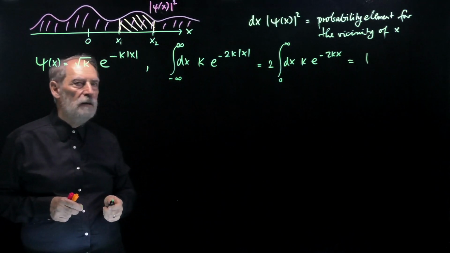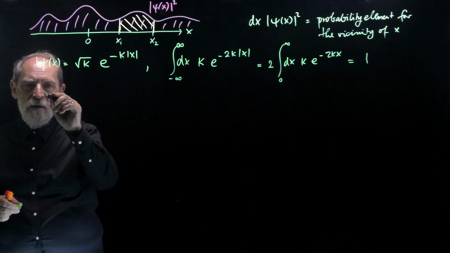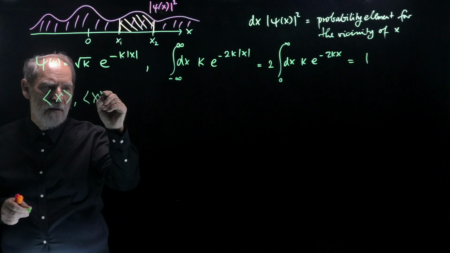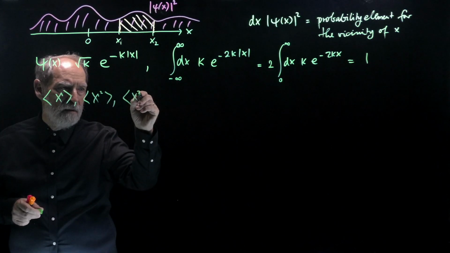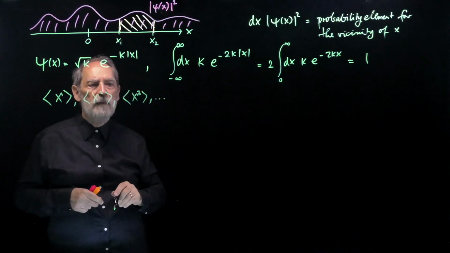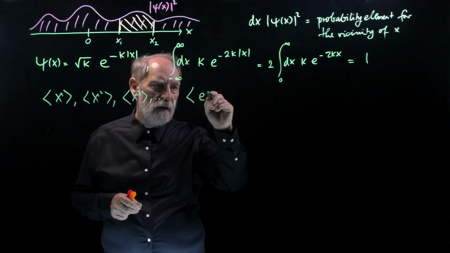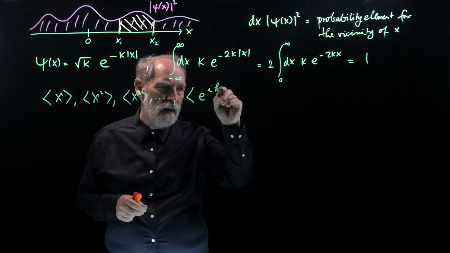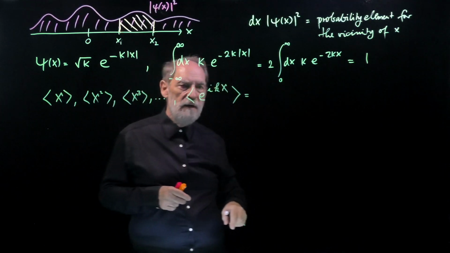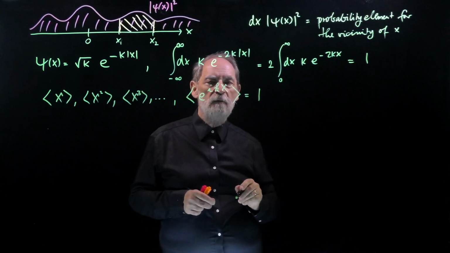Then now, what about expectation values of x? So what about the expectation value of x and x squared and x cubed and so forth? Now, rather than calculating them one by one, I will look at the expectation value of e to the ikx, and then recognize that by expanding the exponential function, this is the expectation value of the identity, which is 1.